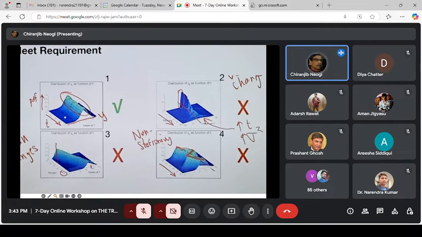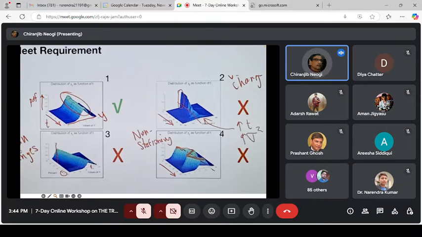If we take all distributions for all the time points, then the mean is the same and the dispersion, or the variance, is also the same. So here we can say that this is a stationary series.